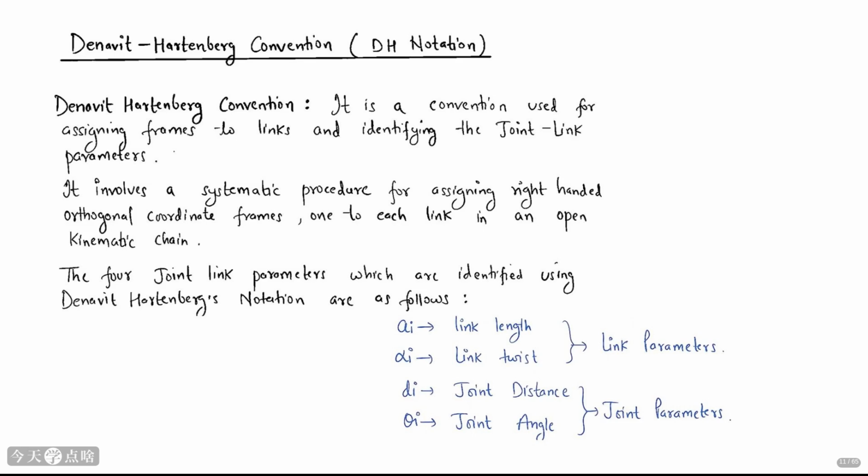The four DH parameters are a i, the link length, the distance between the joint axes; alpha i, the link twist, the angle between the joint axes; d i, the joint distance, the offset between the joint axes along the previous z-axis; and theta i, the joint angle, the rotation of the joint. By defining these four parameters for each joint, we can build a complete description of the robot's structure. This convention is fundamental for deriving the forward kinematics equations.